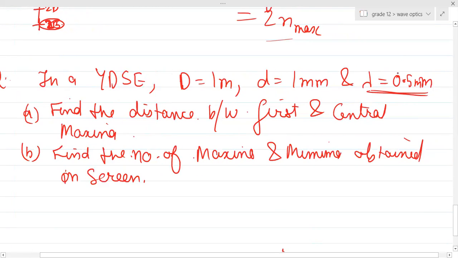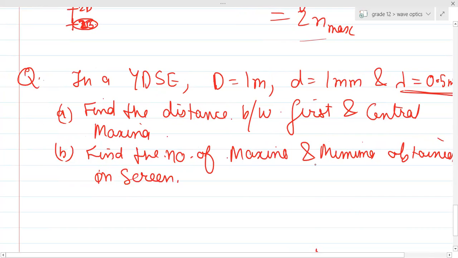Generally the lambda we have seen is in the order of 10 to the power minus 6. Generally it is given as 4000 to 7000 angstroms, right? But here the wavelength is big. If the wavelength is big, then please be careful how you use the formulas. You cannot use this thing.